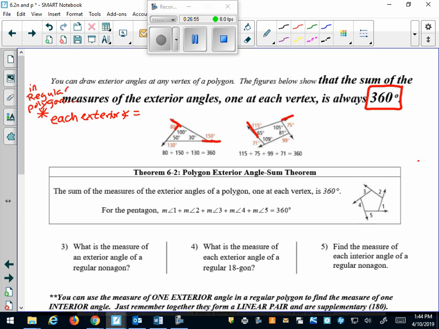Because if it's a decagon, there's 10 sides, which means there's 10 angles, which means there's 10 exterior angles. And if they all add up to 360, and each one of them is equivalent to the next, 360 divided by 10 will get you the number of degrees in each exterior angle. So each exterior angle we can think of as 360 divided by n.